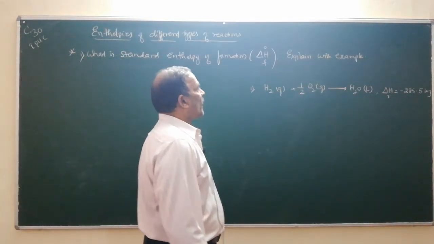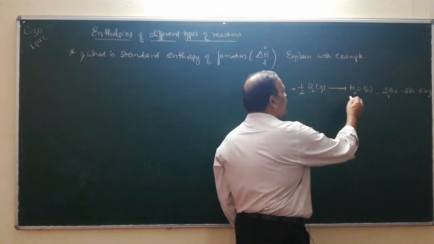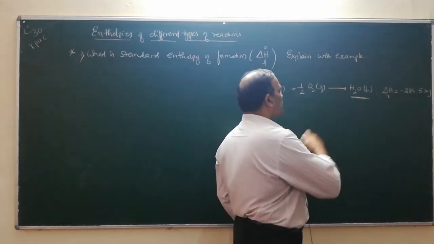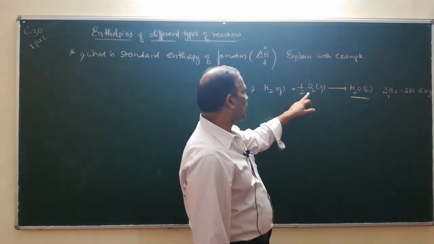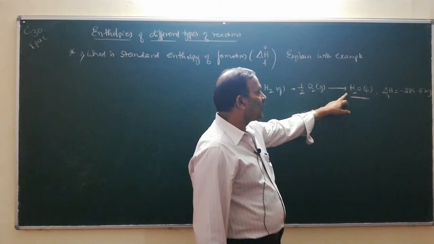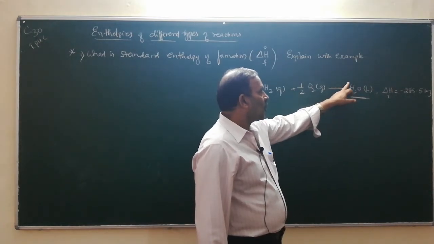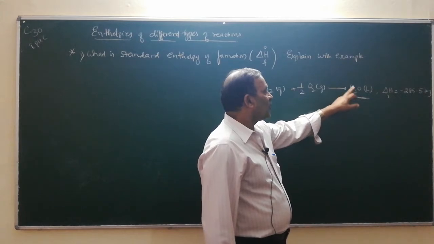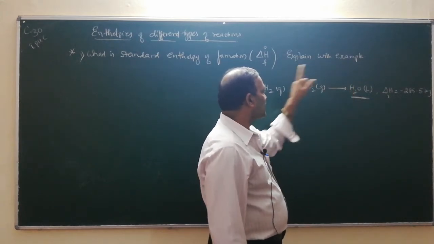Here, what is the amount of product formed? H2O is the product. Hydrogen and oxygen are the reactants. How much product is formed? 1 mole of the compound is formed from its elements.